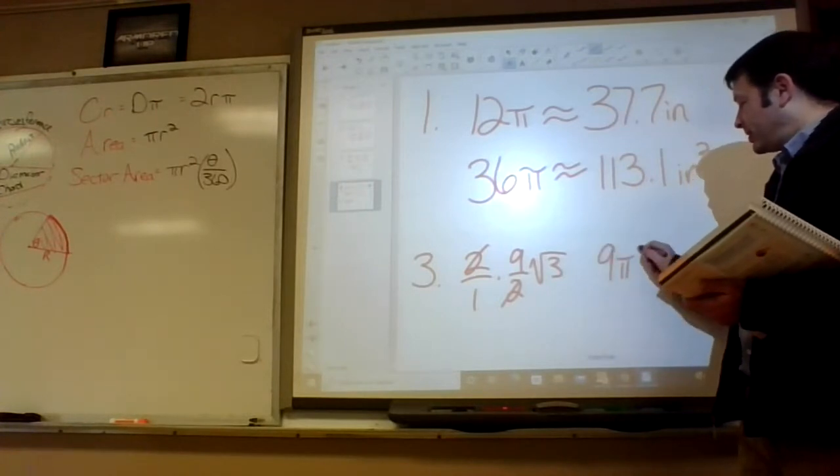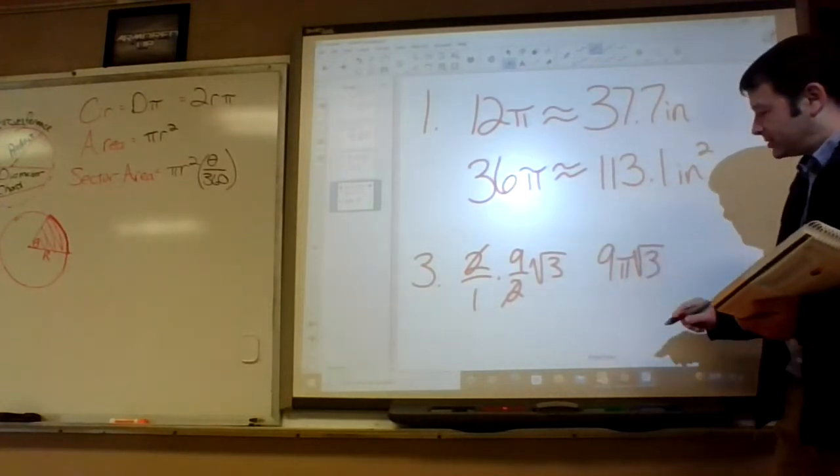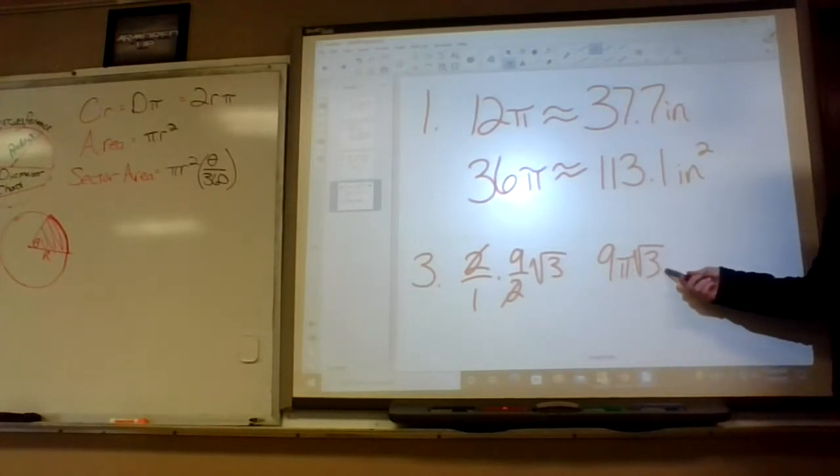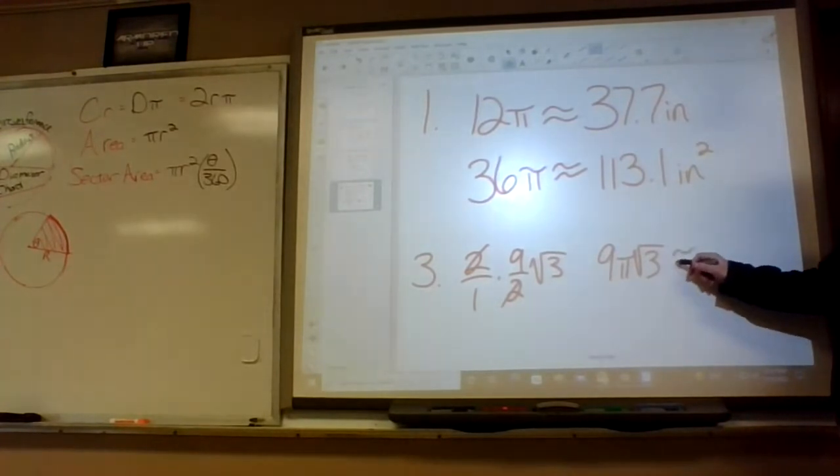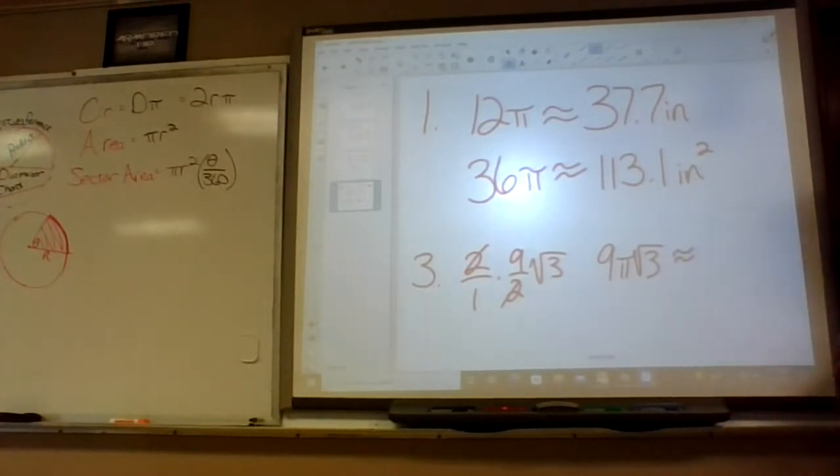I'm going to put the pi in the middle because if you put it at the end, it looks like it might be under the square root. But we do need the decimal for that, so somebody needs to plug that in. Anybody get a decimal?